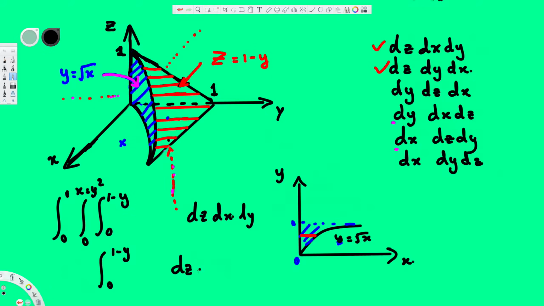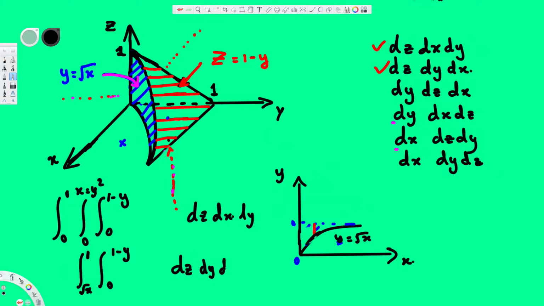When we do respect to y, we have to draw a vertical line and see where this vertical line starts. If you look at this, it starts from y is equal to square root of x. It's already in terms of y, so we can directly write y is equal to square root of x, and it's ending at y is equal to 1, right? So the upper limit of integration is going to be 1.